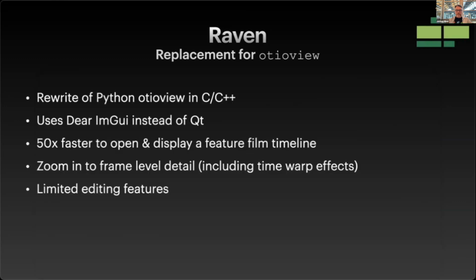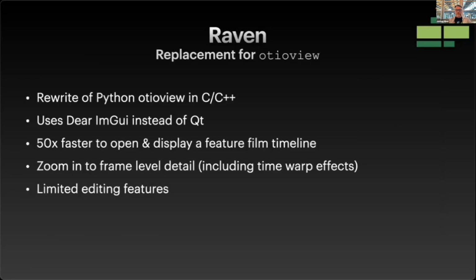So Raven aims to replace our older OTIO view utility. The old one was written in Python and Qt, and we were frustrated by some slow performance and issues that it had. So we've rewritten it in C and C++. We're using a GUI toolkit called Dear ImGui that's been kind of fun to use and is working well for us.